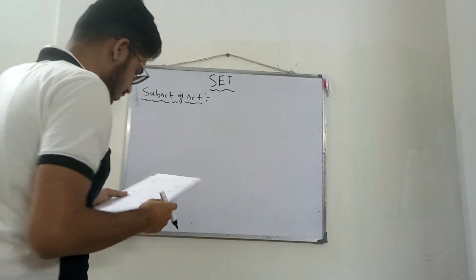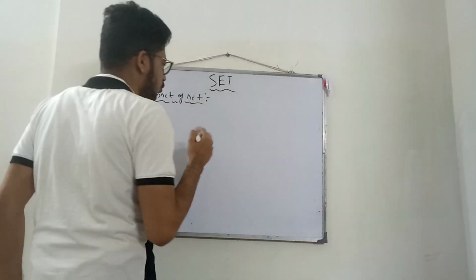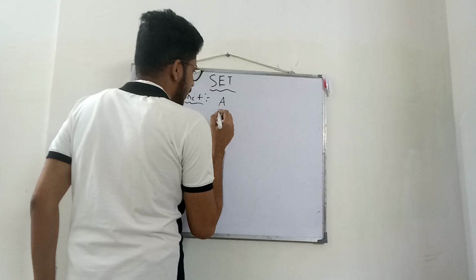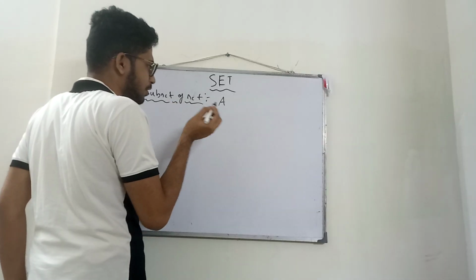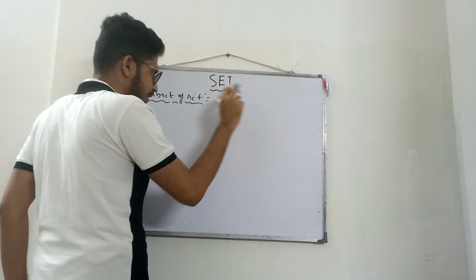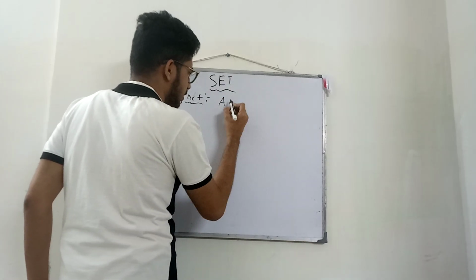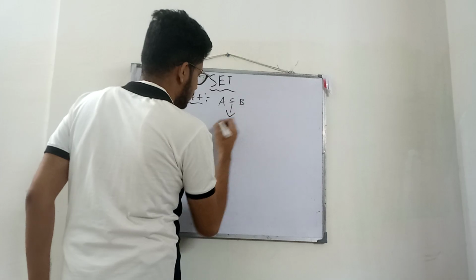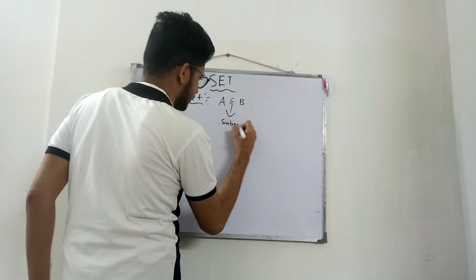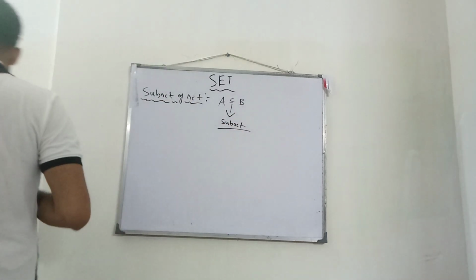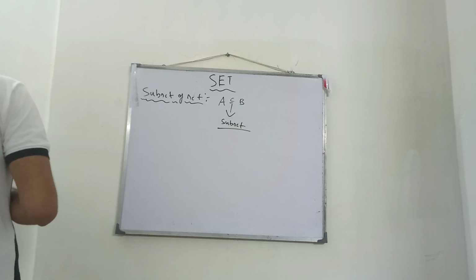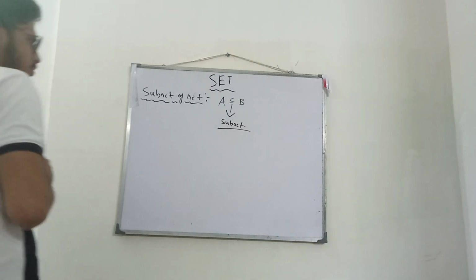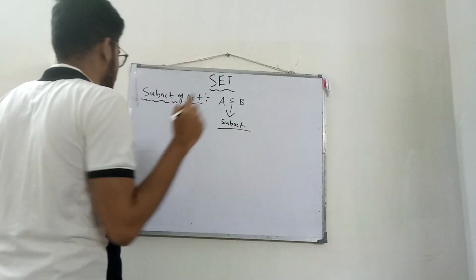Suppose how do we denote subset of set? Suppose A is a subset of B, then we can denote it like this. This denotes subset. And here is one formula for subset.